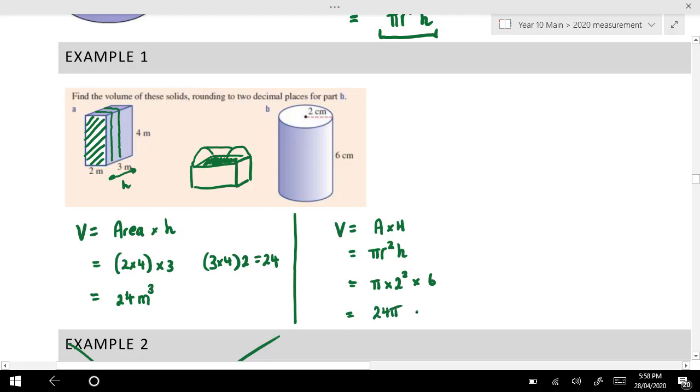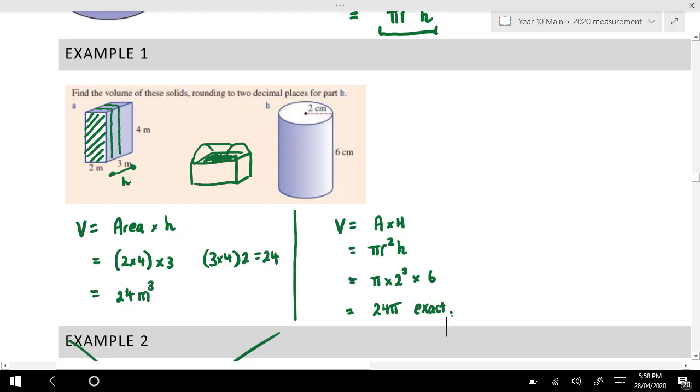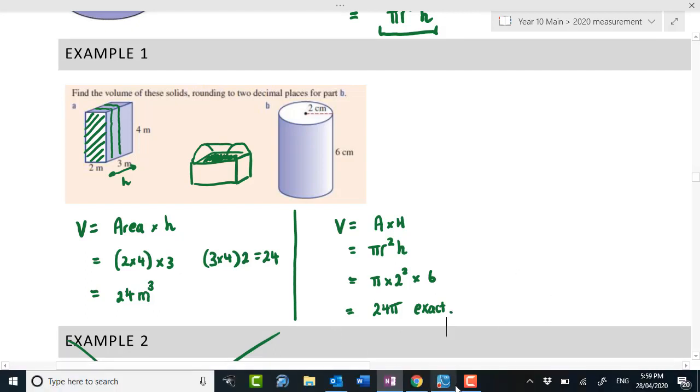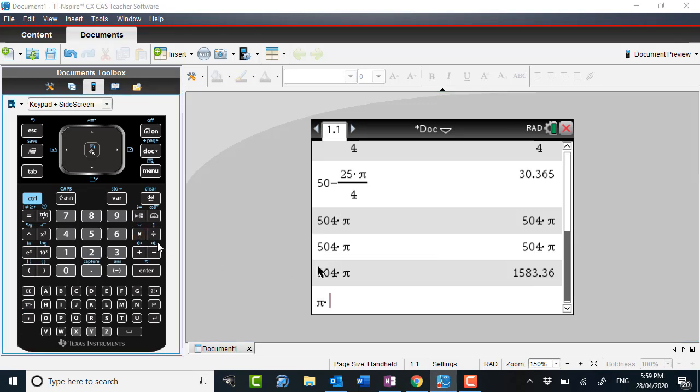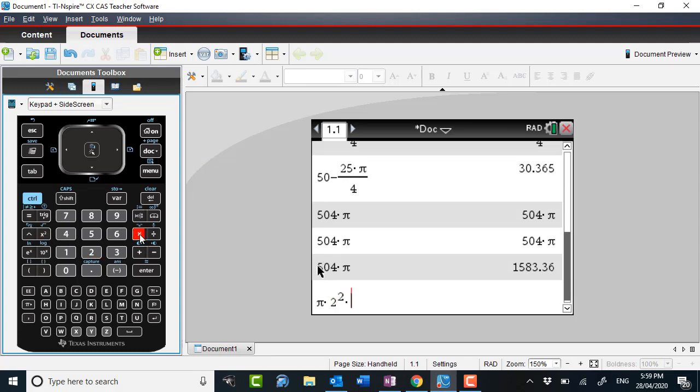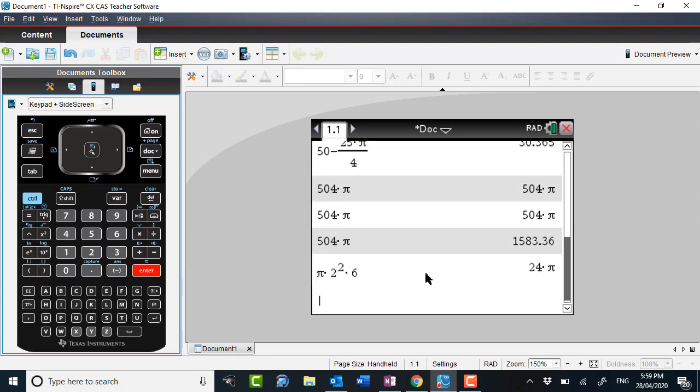pi. Now that would be my exact value. You can work that out in the calculator. Just remember that if you put it in the calculator, it's always going to give you the exact value if it can. So if I've got pi times my radius squared, 2 squared, and then I times that by 6, it's just going to give you 24 pi.